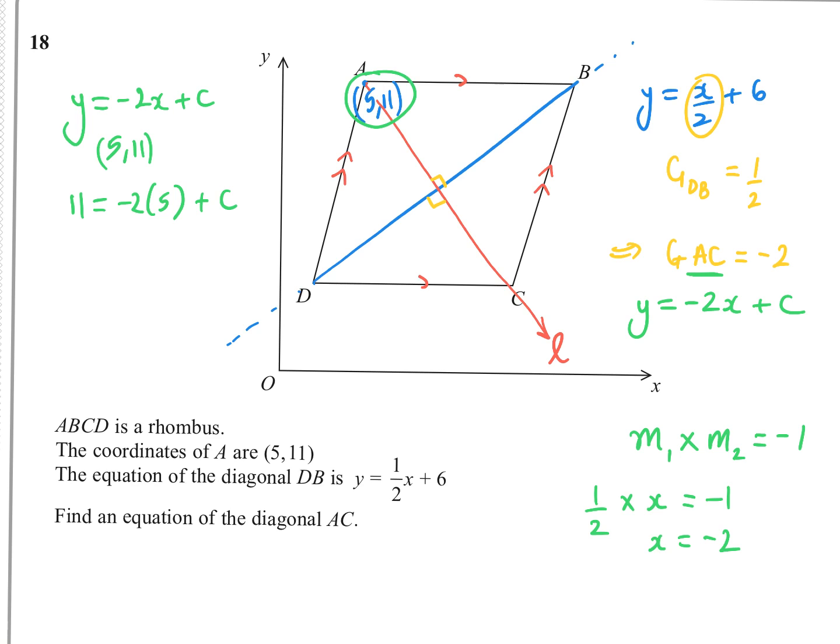And that will help us find c. So c is going to be 21. So we now have our final answer: the equation of the diagonal AC, or the line that goes through it, would be y equals -2x plus 21.